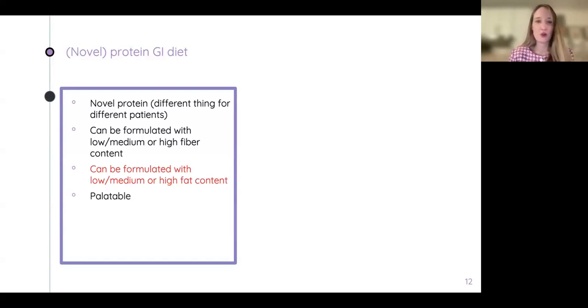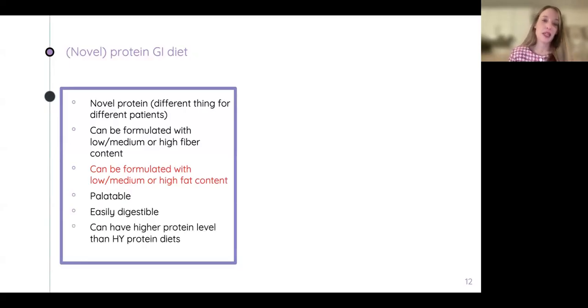But something that is always quite consistent is that they are quite palatable, so dogs would quite readily like to eat them. And if they are gastrointestinal, it would mean that they are easily digestible.